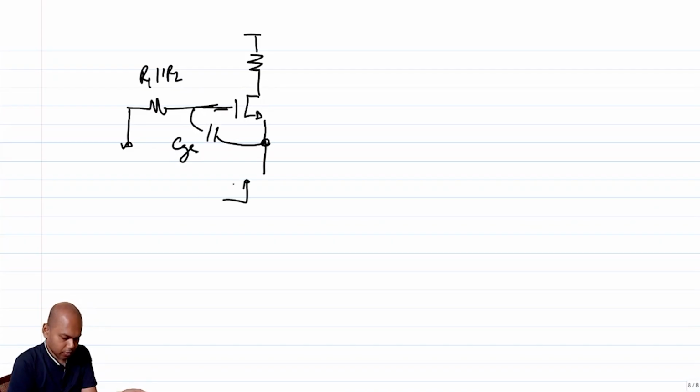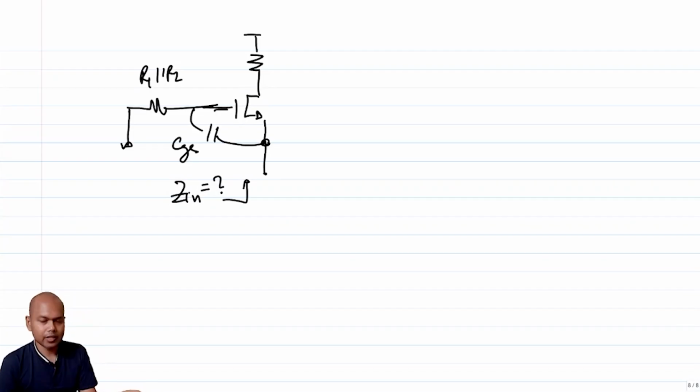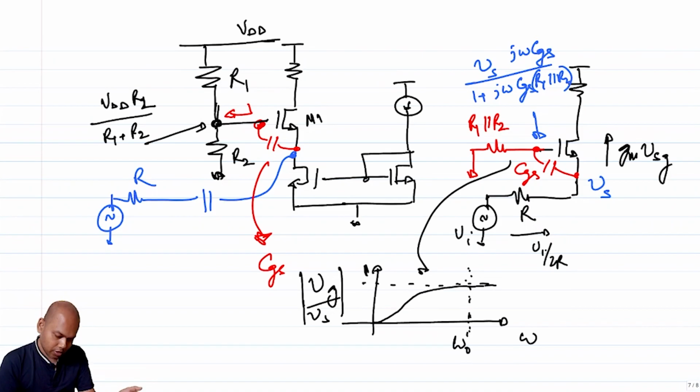Find out Zin, right? I'd encourage you to do it yourself to verify that indeed the Zin increases with frequency. Okay, so if that is the case, we have a problem because we anticipated the Zin to be equal to 50 ohm. That's what we biased it at, but because of the effect of CGS, we are having a problem. So what is the solution?